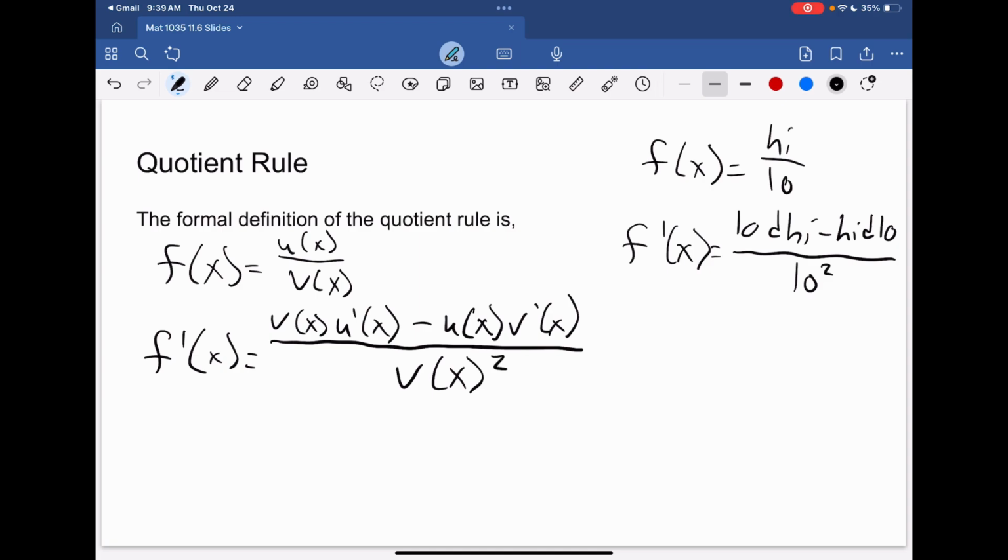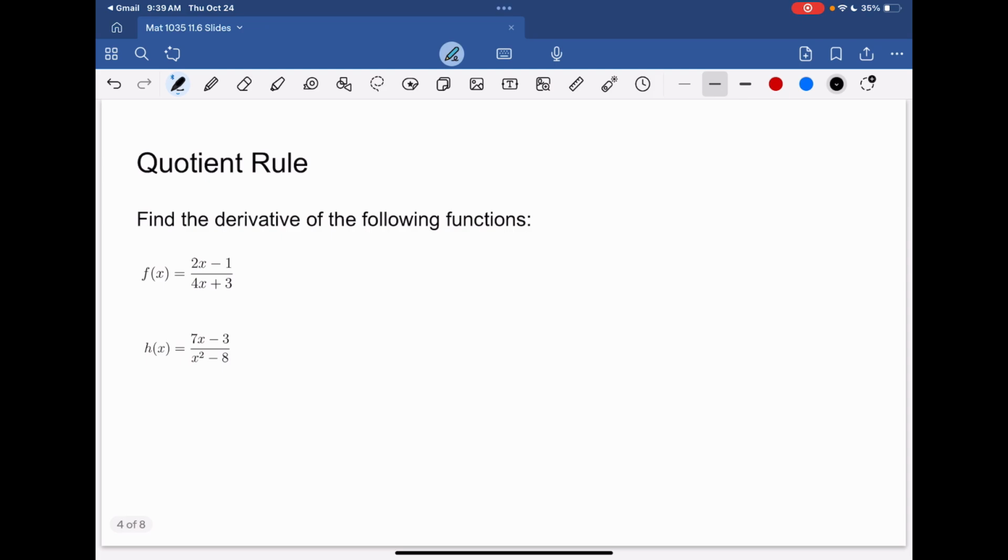Okay, so now let's put this into practice. Let's answer a few here. So we have this f of x, and I'm going to use the low d high stuff. Something that I actually advise you to do is go ahead and label out what each thing is: the high, the low, the d high, d low. So high for here, for the f of x, would be 2x minus 1.